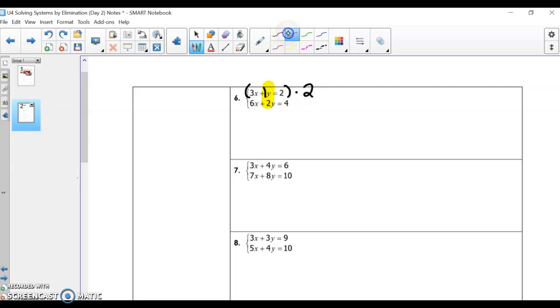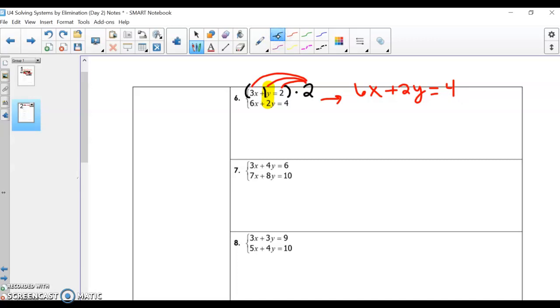Then in doing so, I'm going to take the 2, multiply it by the 3, so that's going to give us 6x. I'm going to take the 2, multiply it by the 1 there, plus 2y. And I'm going to take the 2, multiply it by the 2, which is going to give us equal to 4. So that's our new equation, okay?